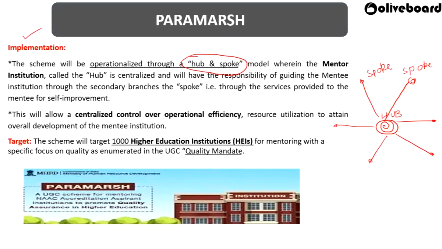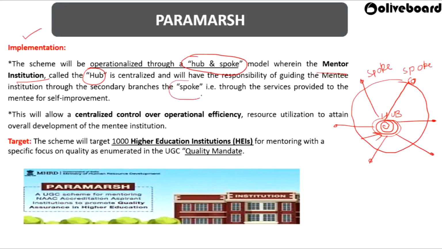This hub, whichever institution it is, can share the knowledge with all these institutions at the same time, and they can work together in order to enhance the quality of the education system. So this is called the mentor institution, which is called the hub. It has the responsibility of guiding the mentee institutions.